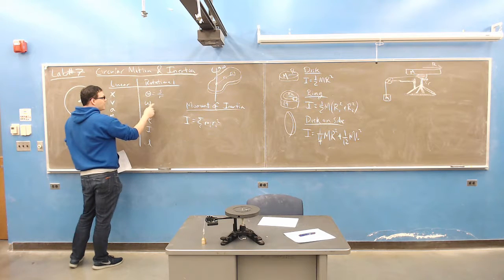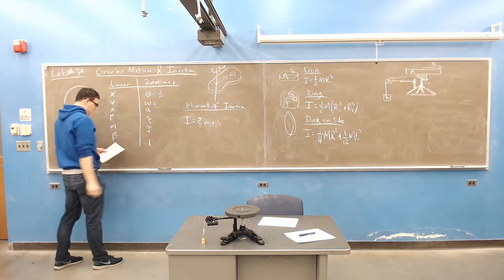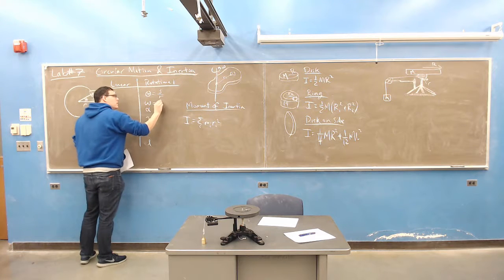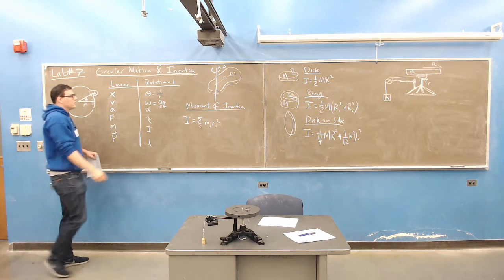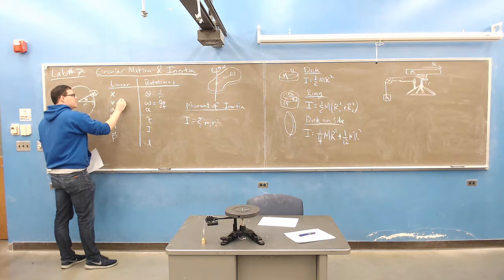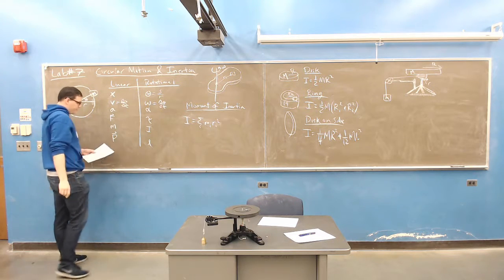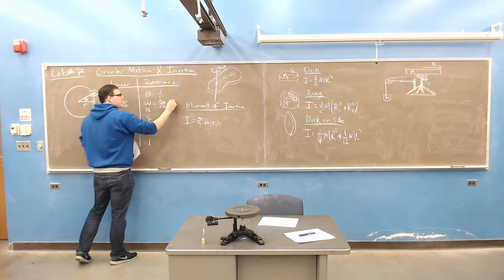Omega is the angular velocity, and it's equal to the change in theta over the change in time. So it's an analogous definition to velocity, which is the change in x over change in time. It also happens to be equal to v over r.